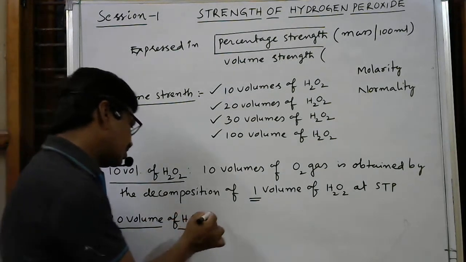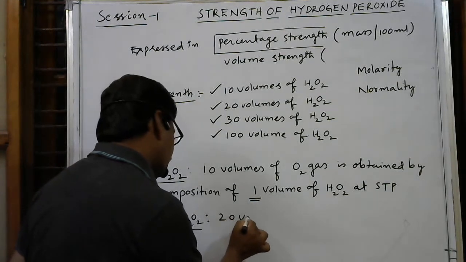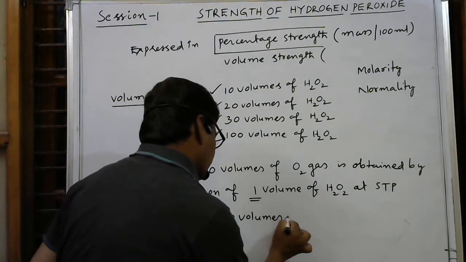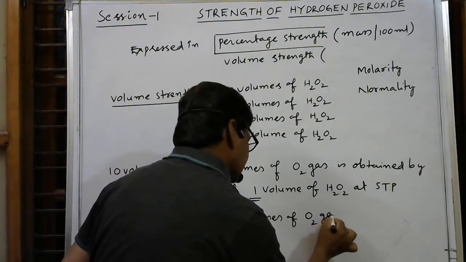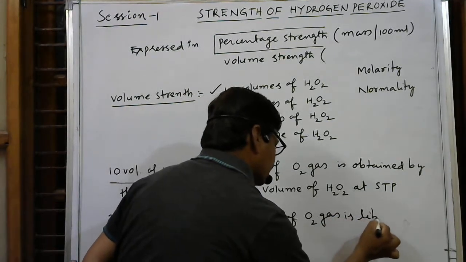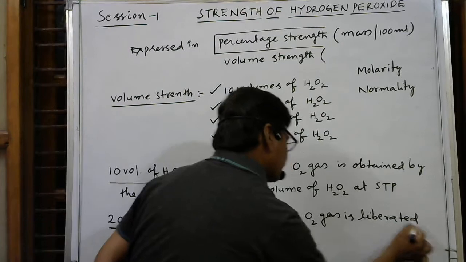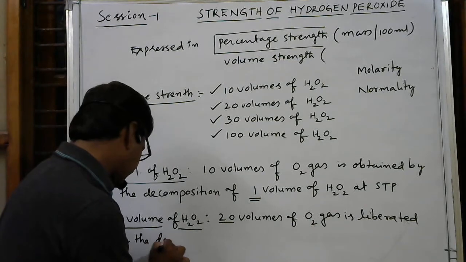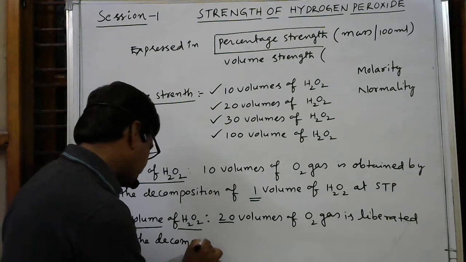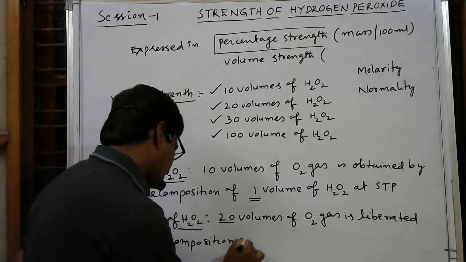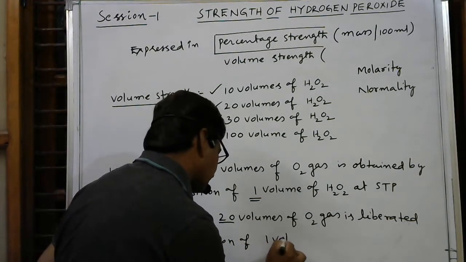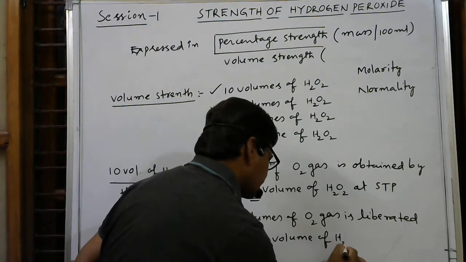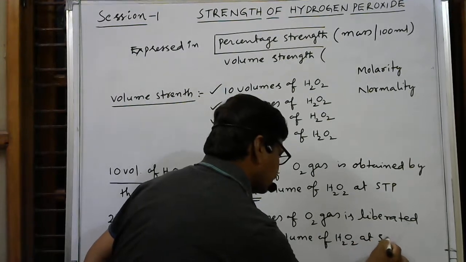See, 20 volumes hydrogen peroxide strength means 20 volumes of oxygen gas is liberated by the decomposition of one volume of hydrogen peroxide H2O2 at STP.